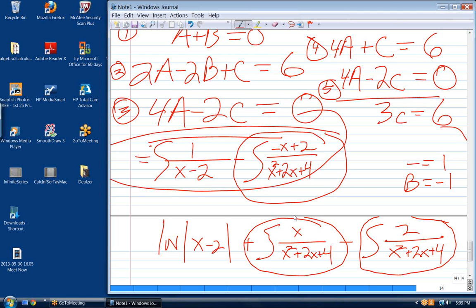So I'm pretty sure that any combination of trig functions will allow you to use those two methods that we learned with sine to the m cosine to the n and tangent to the m secant to the n. But right off the top of my head, I can't think of how to do that.